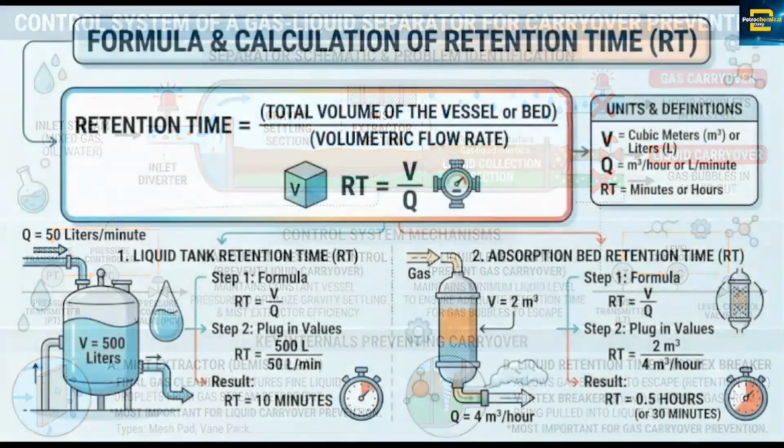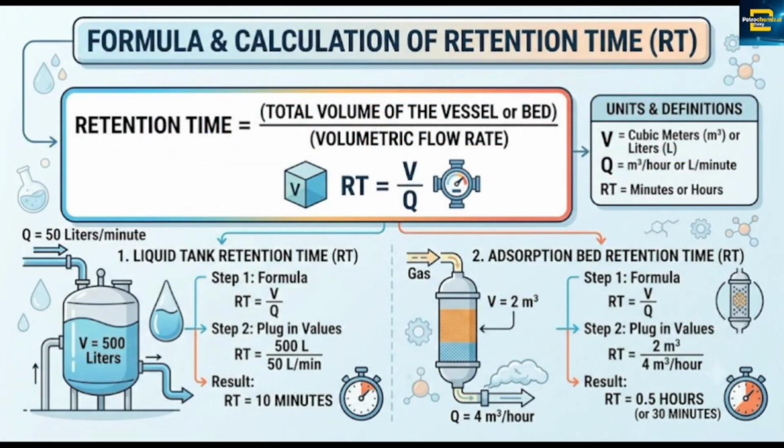So let me go to an example. Like I said, the retention time is the total volume of the vessel over the volumetric flow rate. For our calculation, we have the volume of the vessel to be 500 liters and our flow rate to be about 50 liters per minute.